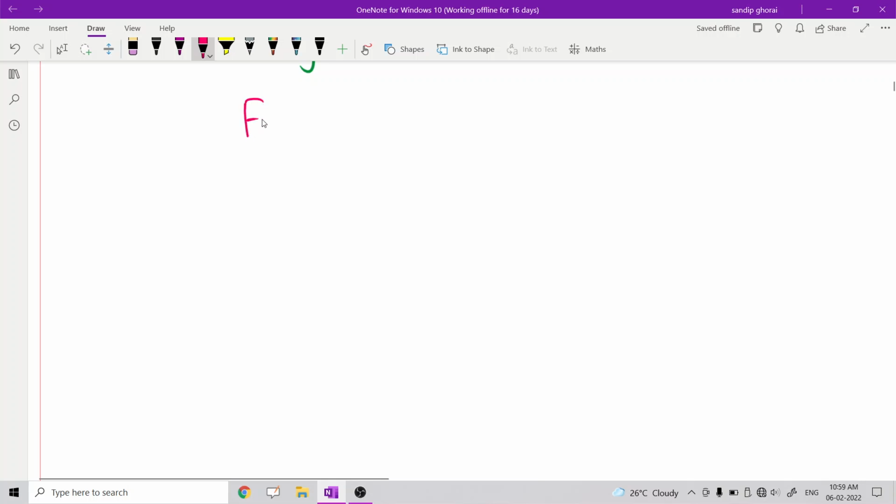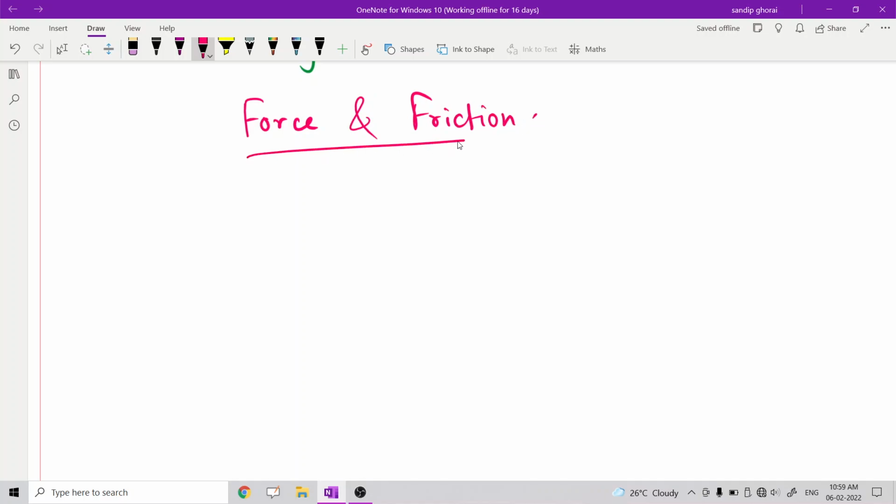So the first question is, what is force and what is friction? Basically, force is a vector quantity, that means it has both magnitude and direction. Or you can say that force is a push or pull. If you apply a force on a body, then the body can move in any direction, or the shape or size of the body can be changed.